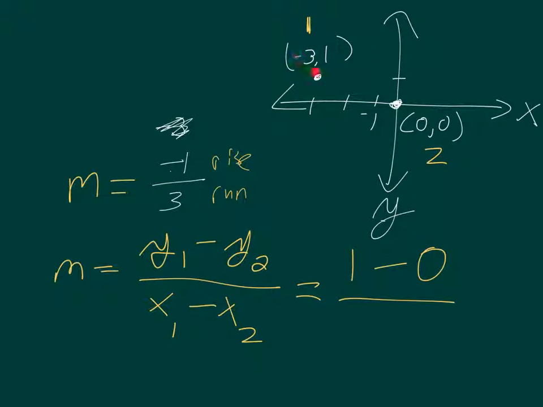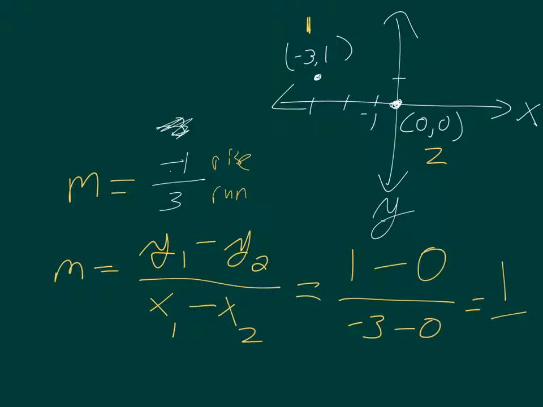The x-coordinate of the first point is -3. So I write -3 minus the x-coordinate of point 2. Here's point 2. Again, it's x comma y, so x2 is 0. So I go, all right, 1 minus 0 is 1.